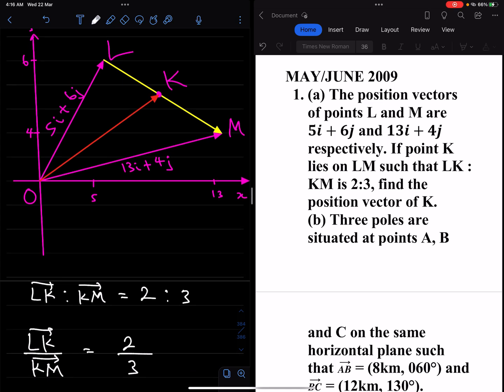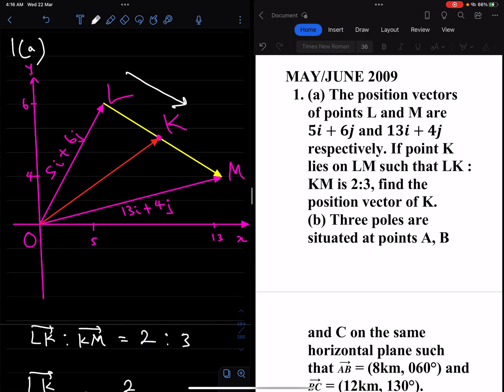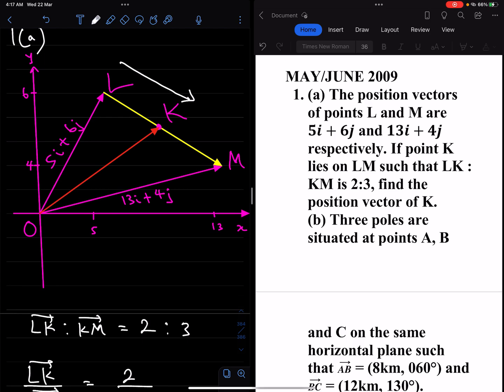The vector LK is the movement from L to K. Now, it is a movement from L to K without going directly from L to K this way. So if you don't want to go directly, you have to go from L to O and then from O to K. So the vector LK is the same as the vector LO plus the vector OK.